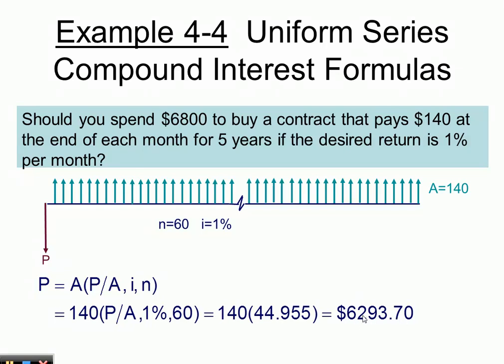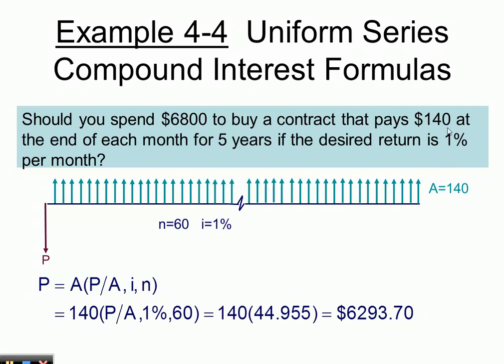Now, it's very important that we compare this. This is just a little under 6,300, so 63 compared to 68. We're only gonna get a little under $6,300. So it does not make any sense for us to spend 68. We would be losing over $500 if in fact we do that.